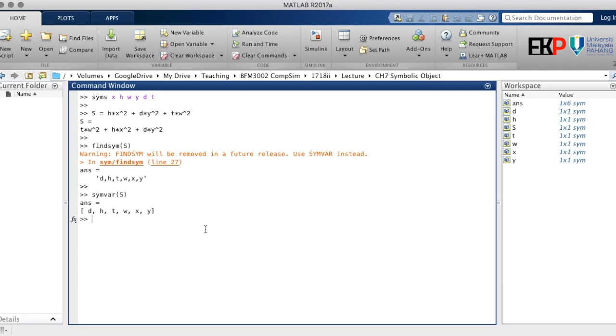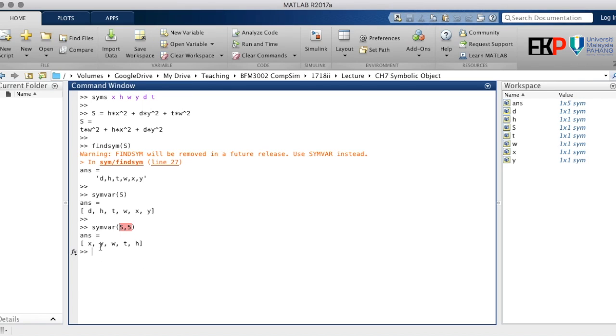So if, let's say, we want to find symvar of s comma 5, if we put 5 in the command here, it means that MATLAB will display 5 symbolic variables in default order.